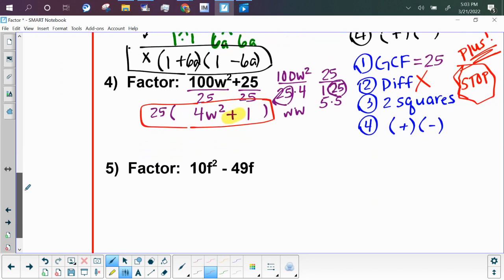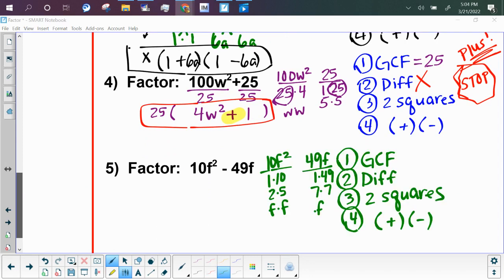Last problem, problem 5. Do your steps, and find your GCF for me before I do anything else. I listed out my factors, and it looks like the biggest one they have in common is a 1, but they both do have an F. So it's a 1F I'm going to take out.